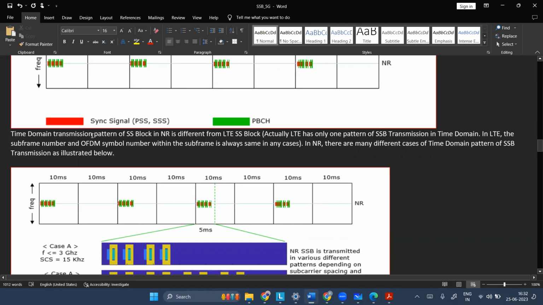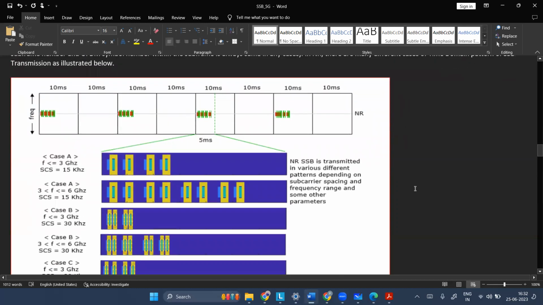The time domain transmission pattern of SS block in NR is different from the LTE SS block. LTE has only one pattern of SSB transmission in time domain. In LTE, the subframe number and the OFDM symbol number within the subframe are always the same. In NR, there are many different cases of time domain pattern of SSB transmission, as illustrated below.